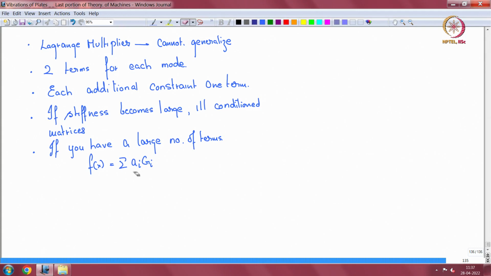Sorry, let us say g_i is the constant, so g_i phi_i. Even then convergence can become a problem, a convergence problem.